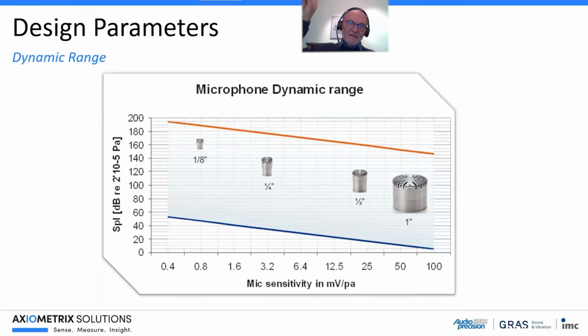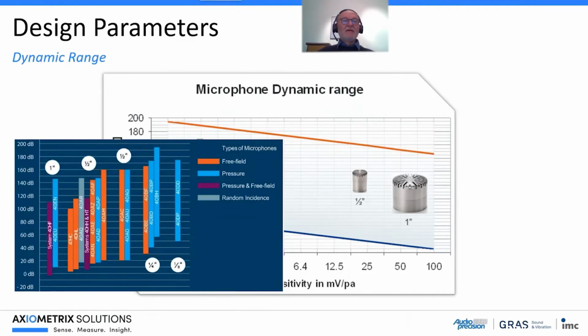But if we can measure very low, then we are not able to measure very, very high sound pressure levels. A very small microphone, like a 1/8 of an inch microphone, where we have a very, very small diaphragm area, can measure very high pressure, but again, the inherent noise or self noise, the lower limit, will be higher.